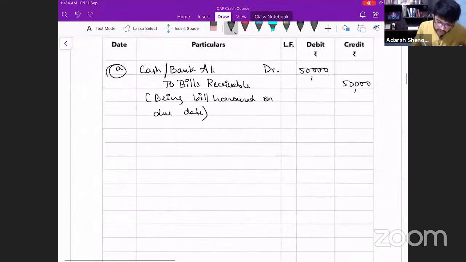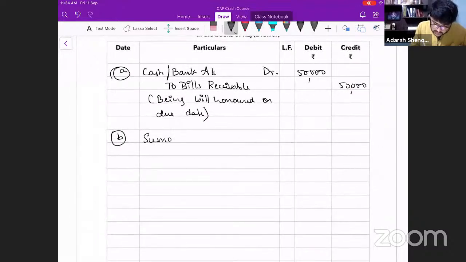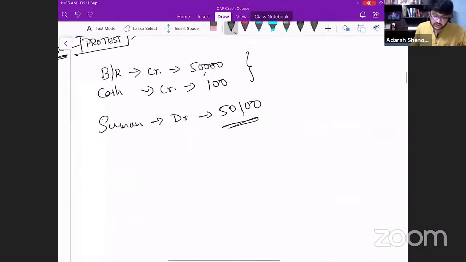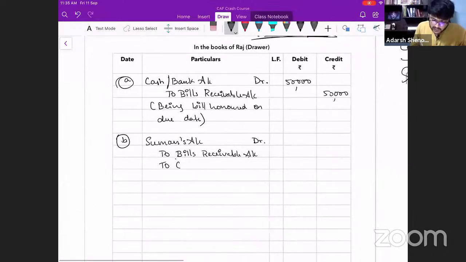The journal entry for case B is Suman's account debit to bills receivable. Bills receivable is always credited with the face value. Remember the step. It is always credited with face value. One more entry comes. What is the additional part we have to write? To cash account. Why, sir, cash account? For recording that noting charges also. It is a compound entry: to cash account.